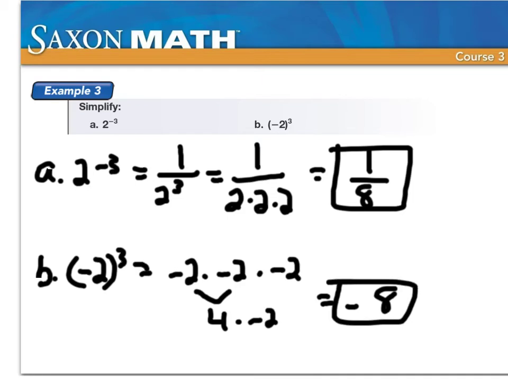Okay, so notice here the only time that we flip this over to the opposite side of the fraction bar is when the exponent is negative. It doesn't matter what the number out front is, okay? It's when the exponent is negative that we flip it over. Okay, let's keep on moving on.